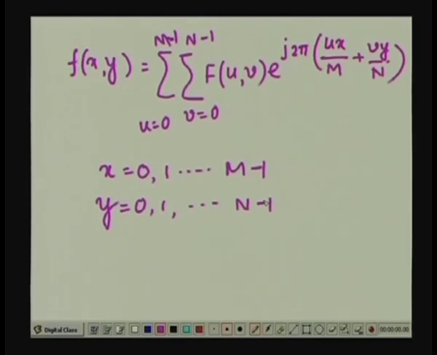So, we have formulated these equations in a general case where the discrete image is represented by a two dimensional array of size capital M by capital N.